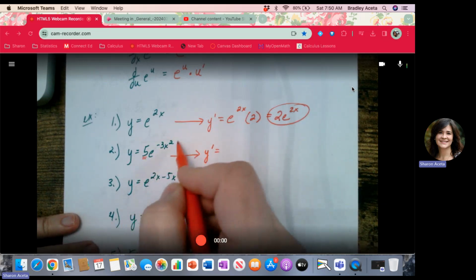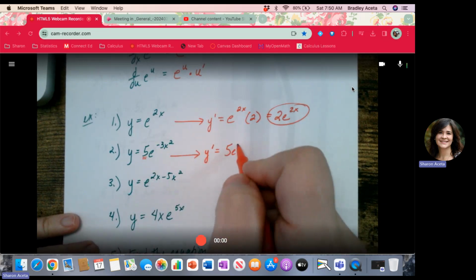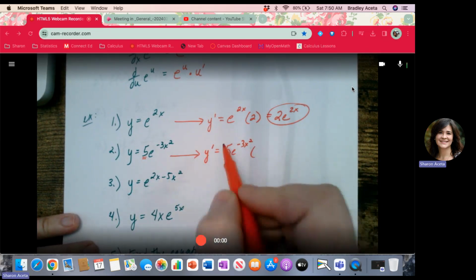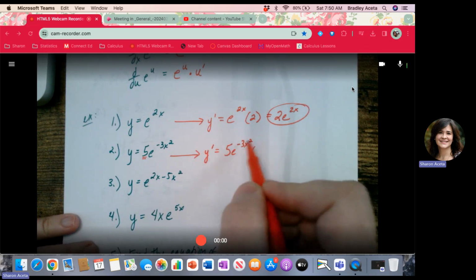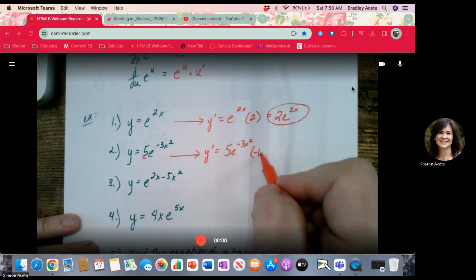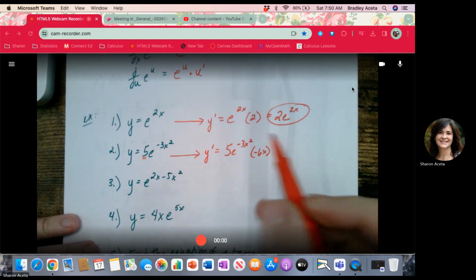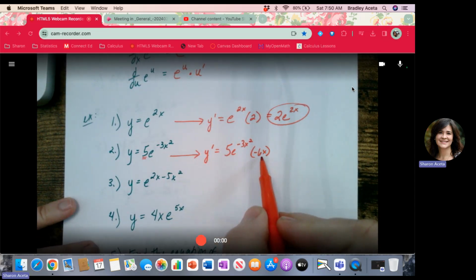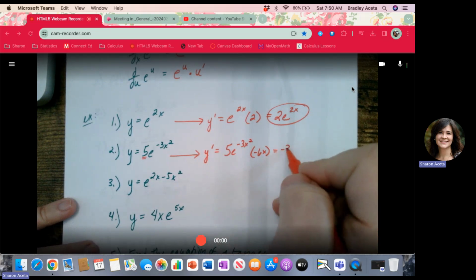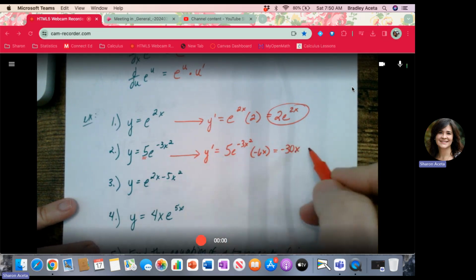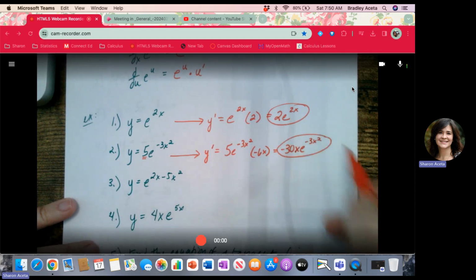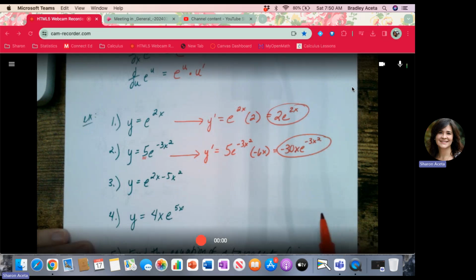So you're going to write this whole thing again, 5e to the negative 3x squared, and then you're going to multiply by the derivative of the exponent, which would be negative 6x. Now, you can put these two together, the 5 and the negative 6x, and you can call that negative 30x, and then the e to the negative 3x squared would go right after it. And that would be a more cleaned up version of the derivative.